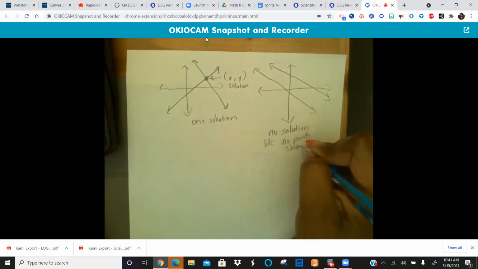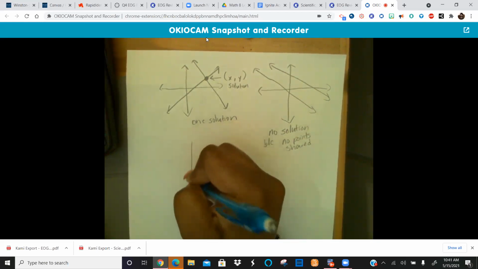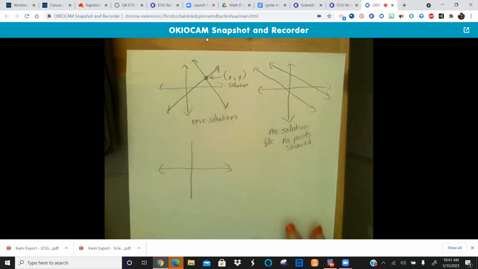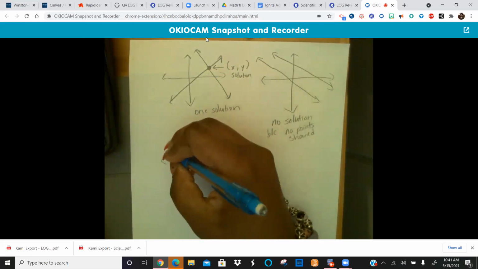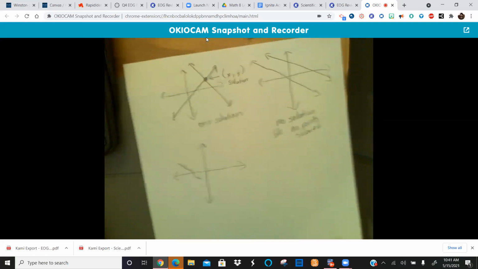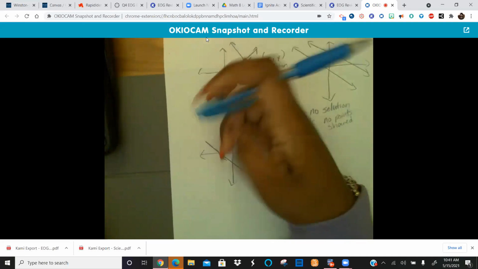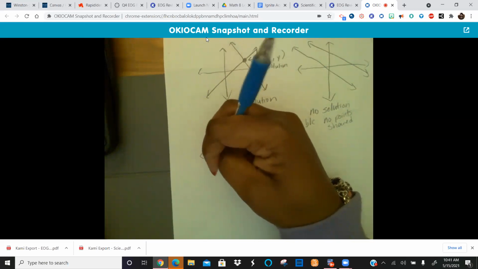Okay. If you have two lines that when you graph them, make sure it's a straight line because we're only dealing with straight lines, okay?